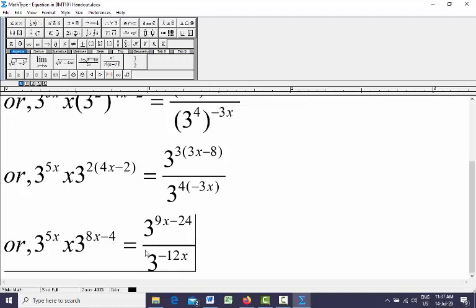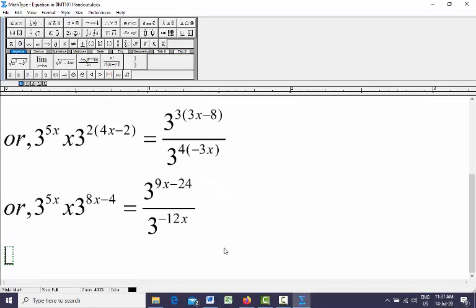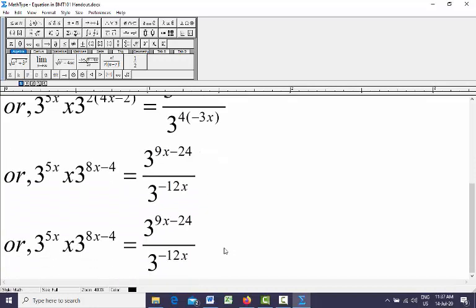Okay, now pay attention. In our last class we have studied that if the bases are same, in that case what we will have.